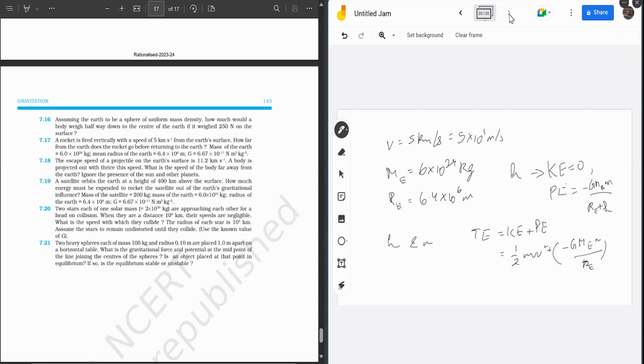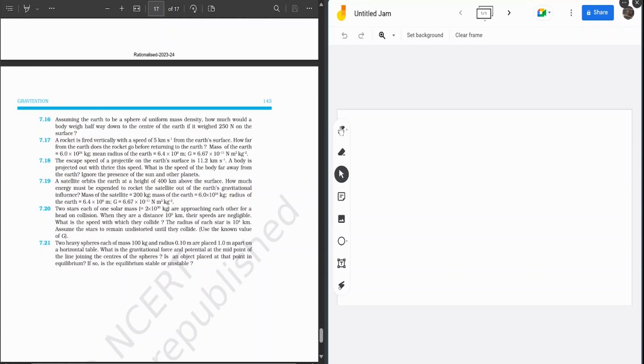Okay, I'll open a new Jamboard. So at the highest point h, the total energy will be 0 plus minus G Me m divided by (Re plus h). So this is basically it.